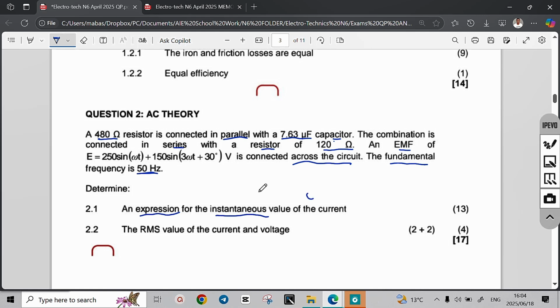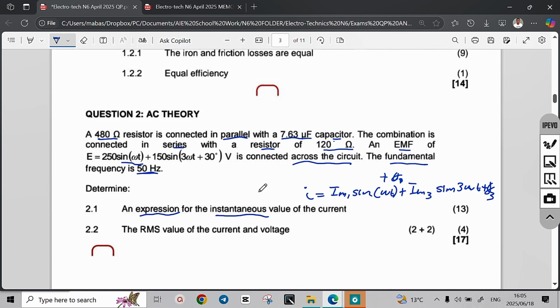So what we are looking for is i, and we know, guys, our i is equal to Im1 sine omega t, which we are given here, plus Im3 sine 3 omega t plus the phase angle.